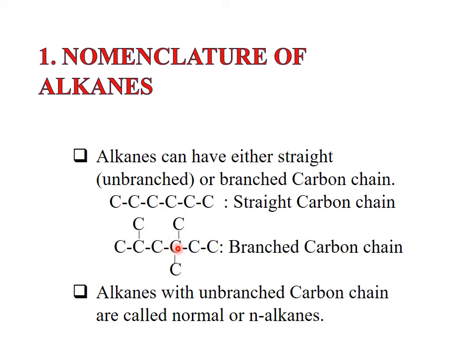This internal carbon atom is bonded to four carbon atoms. Here it's bonded to three carbon atoms. Alkanes with unbranched carbon chain, so the straight chain alkanes, are called normal or n-alkanes.